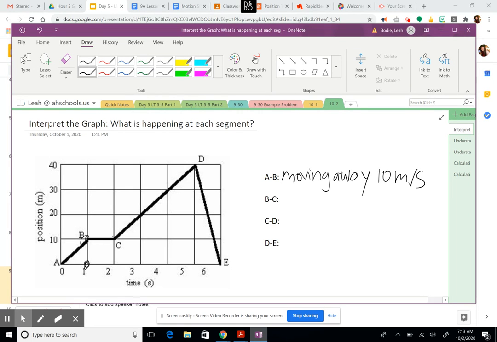Now, our second segment here, B to C, what's happening here is we're at rest, right? Because there's no slope, no motion is occurring. So we are at rest. Now from C to D, we're moving away again from that starting point.